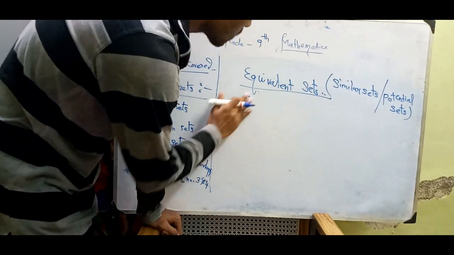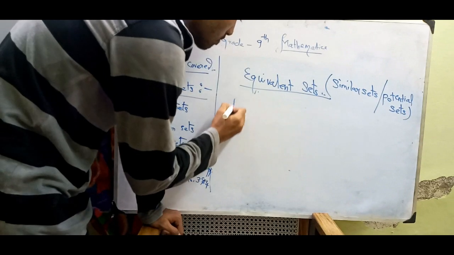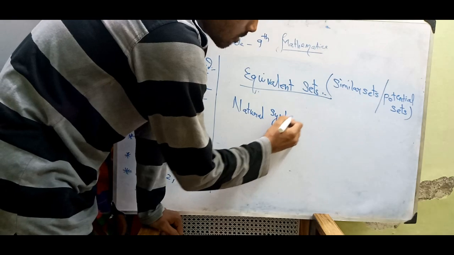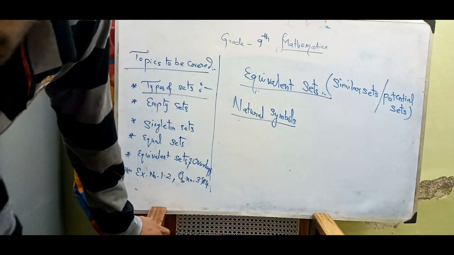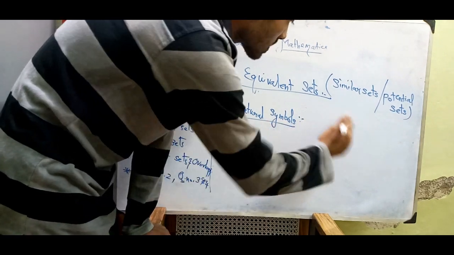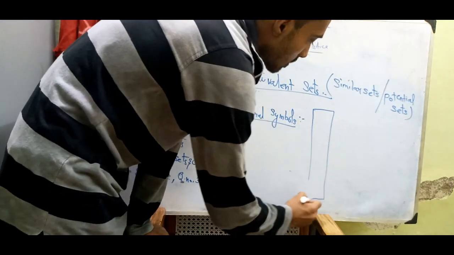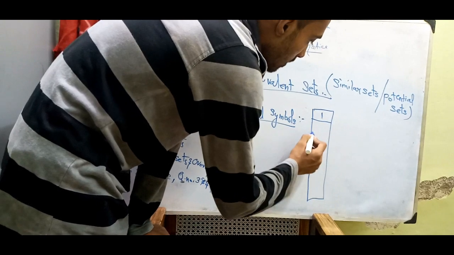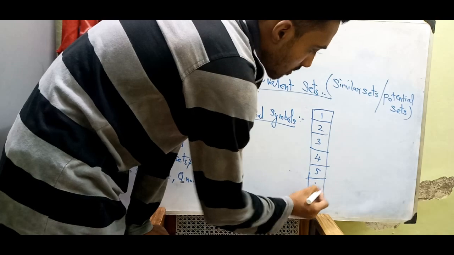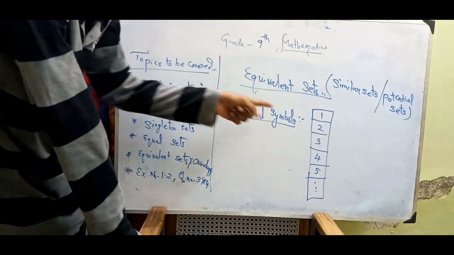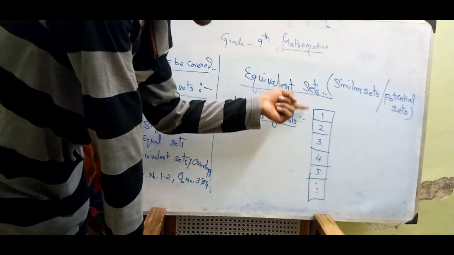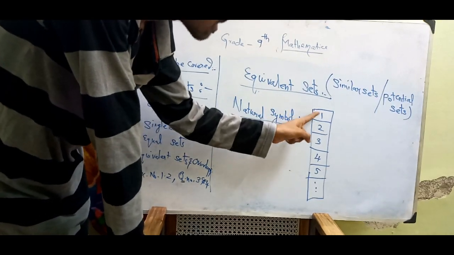Okay, so first of all I used to write natural symbols. So we need to know the natural symbols here. Natural symbols, we have a list 1, 2, 3, 4, 5. Just pretend that you don't know the numbers now. Okay, so let us look here. This is a natural symbol.